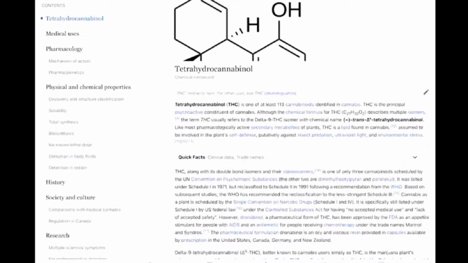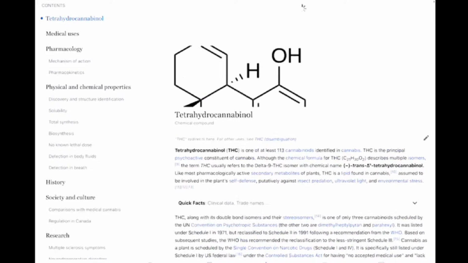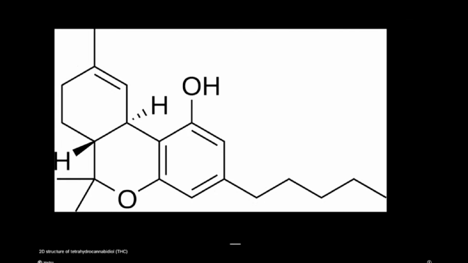Now this molecule is the main molecule in what? They call it cannabis, or I think weed. So this is the molecule that is responsible for that drug.